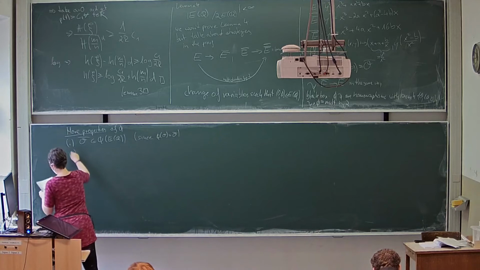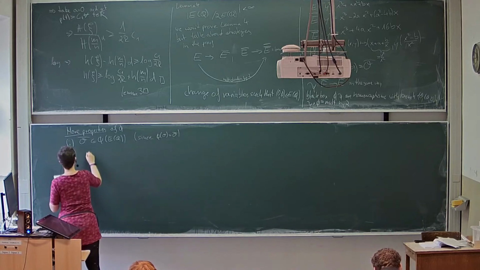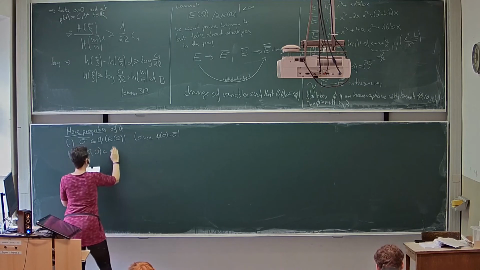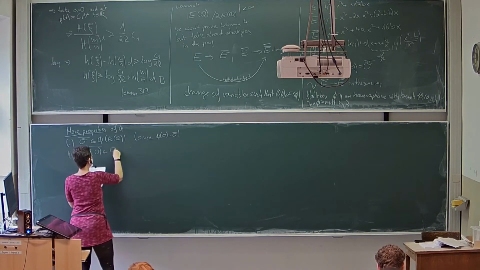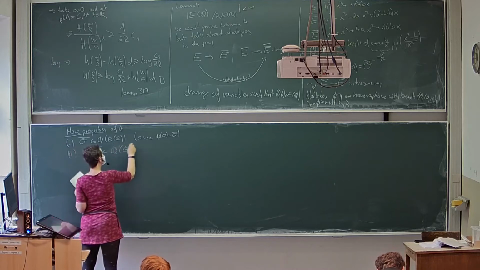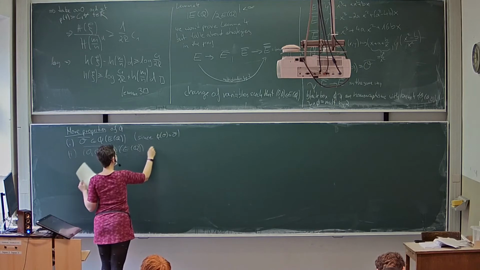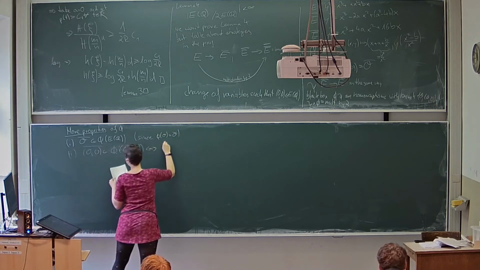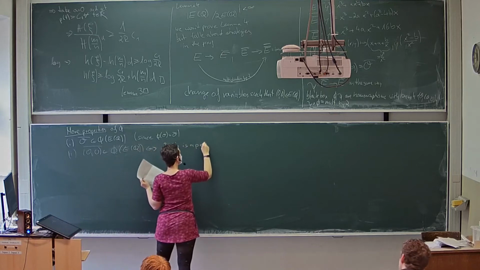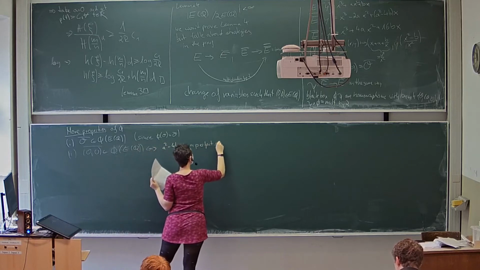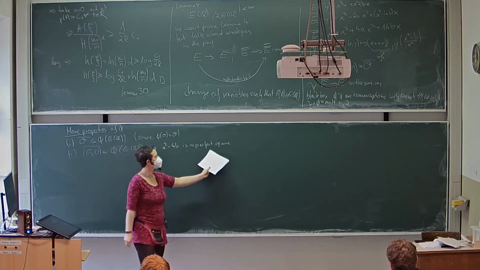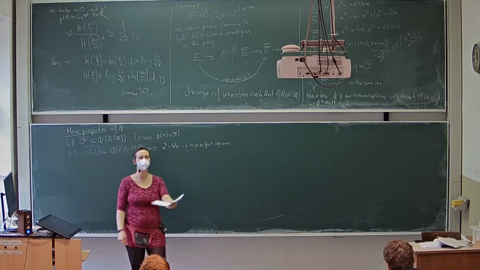Then a perfect square is just a square in the rationals, yeah?